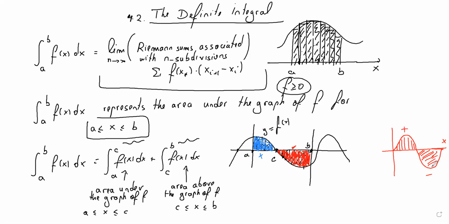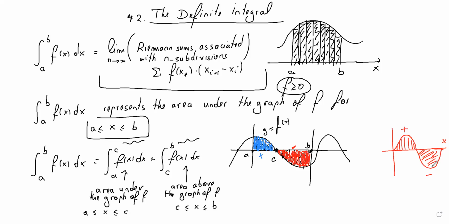So it's possible that the integral from a to b is 0 if the areas that live above the x-axis and the areas that live below the x-axis cancel each other out.